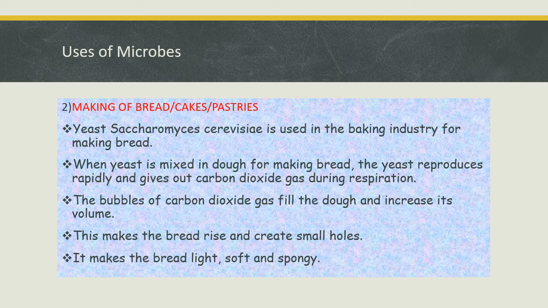This increases the volume and gives good texture to the bread, light, soft and spongy, and produces small holes. This is created by the liberation of carbon dioxide gas to the atmosphere.